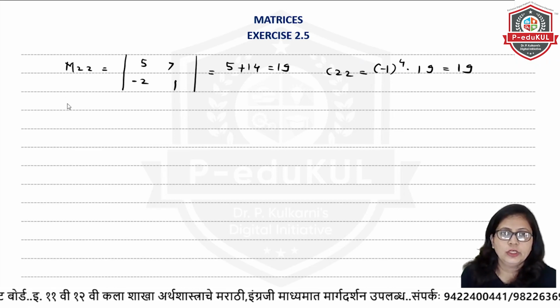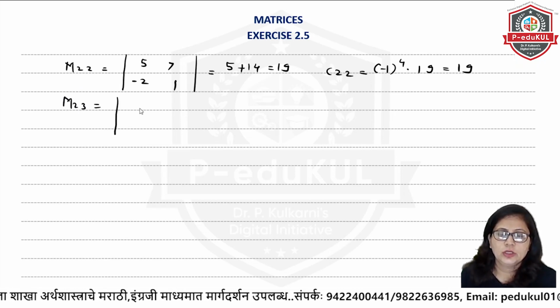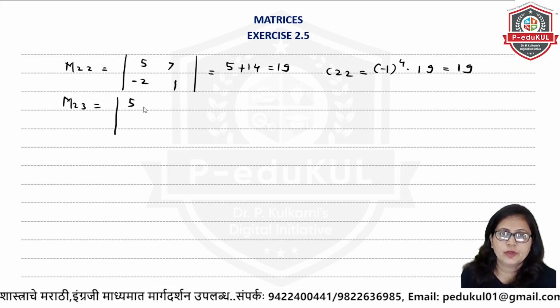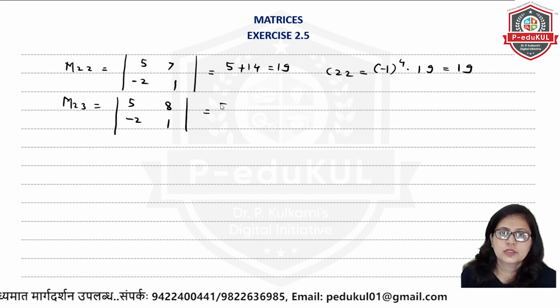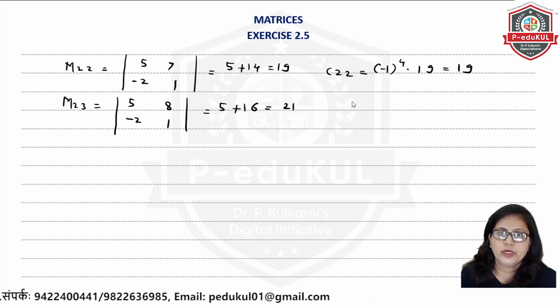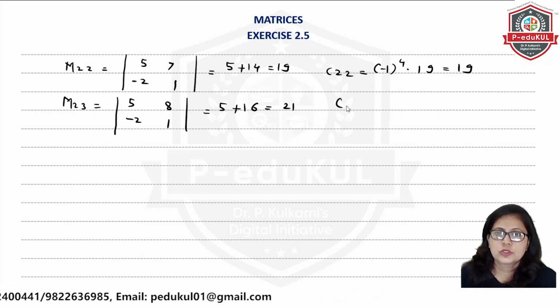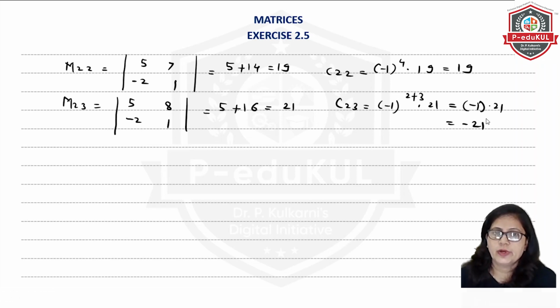Then M23, the elements will be 5, 8, minus 2, 1, and then this will be 5 minus 16, that is 21. Now C23 is minus 1 raised to 2 plus 3 into 21. 2 plus 3 will be minus 1. So this will be minus 21.